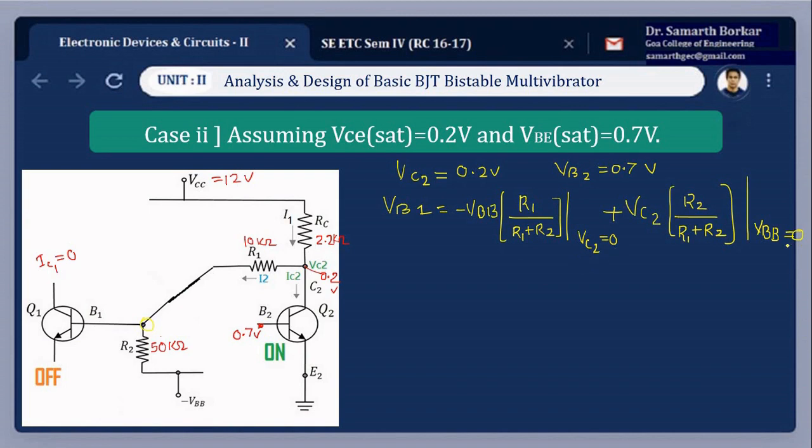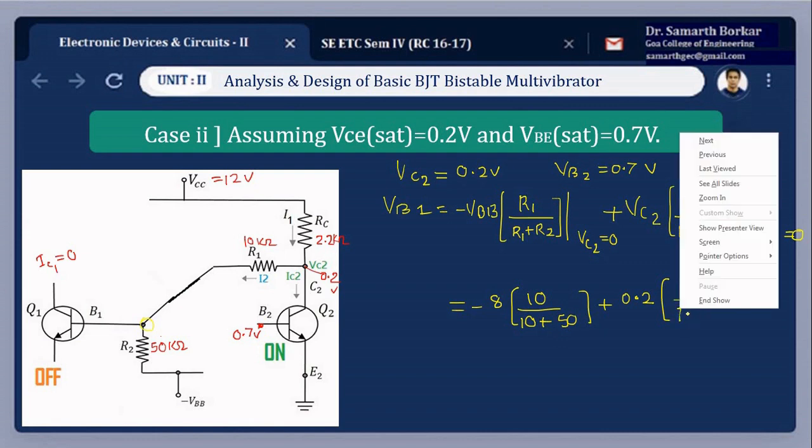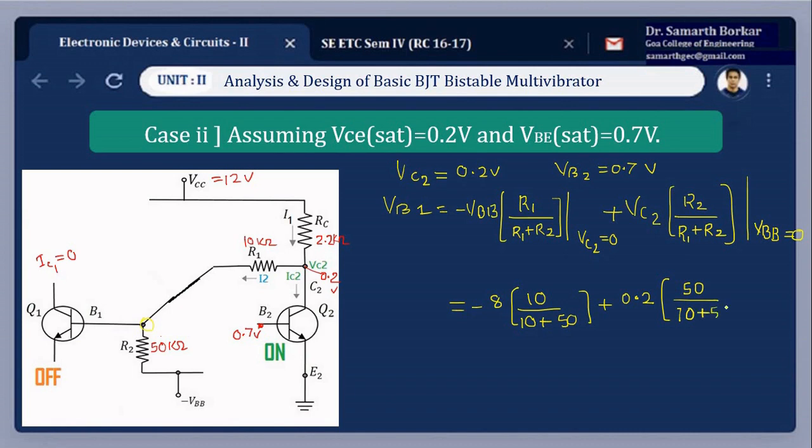This is the superposition principle. Now if I substitute the values here, this is minus 8 into 10 divided by 10 plus 50, plus VC2, which is 0.2, that is VC set, into 50 divided by 10 plus 50. So if you solve, the answer is minus 1.16 volt.